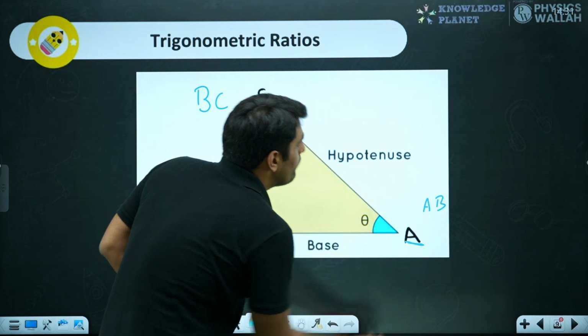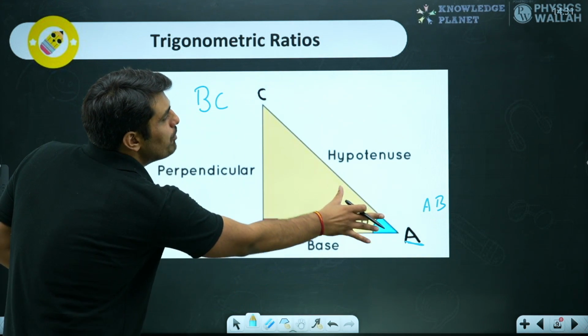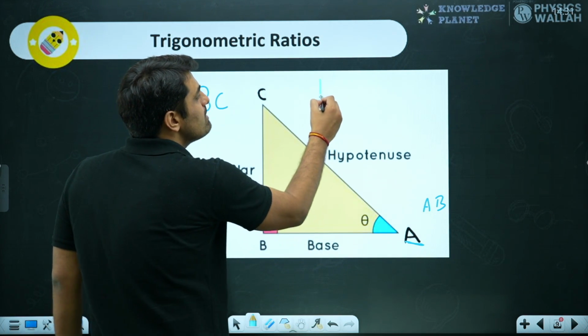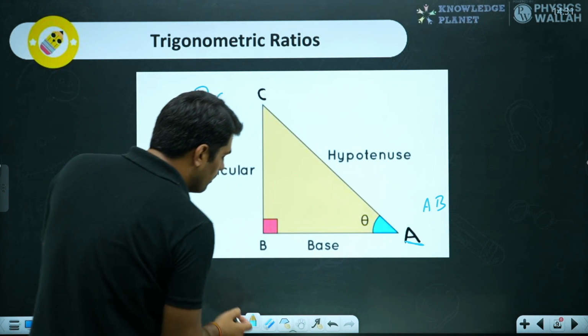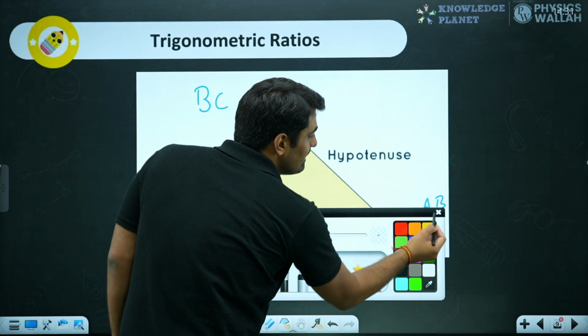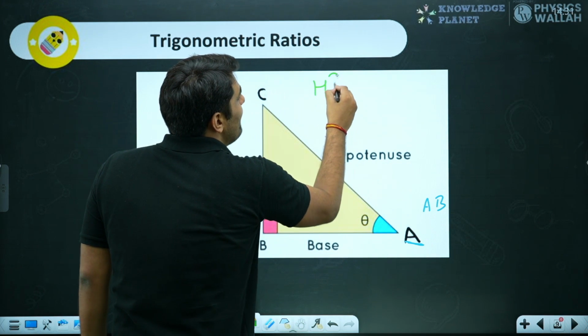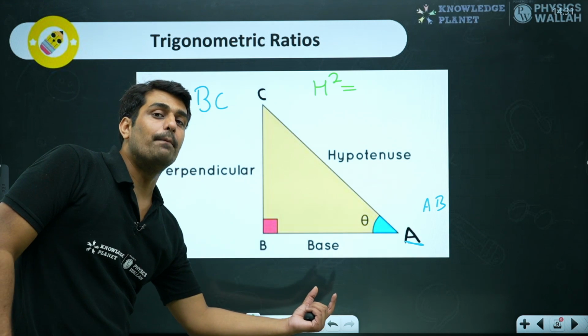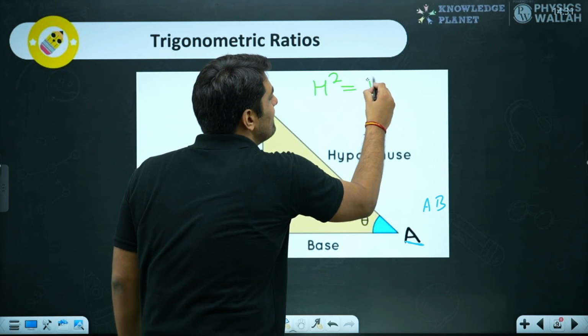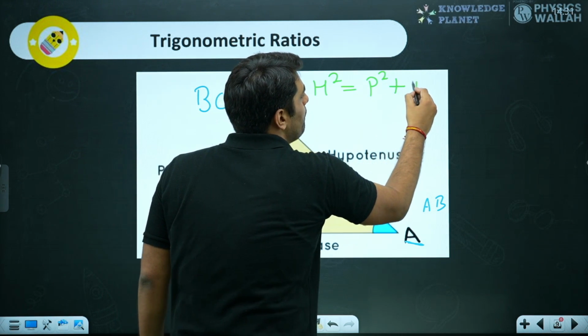Over here, this is the hypotenuse. So the hypotenuse side length square would be equal to the square of the perpendicular added to the base square. It will be written like this: perpendicular square plus base square.